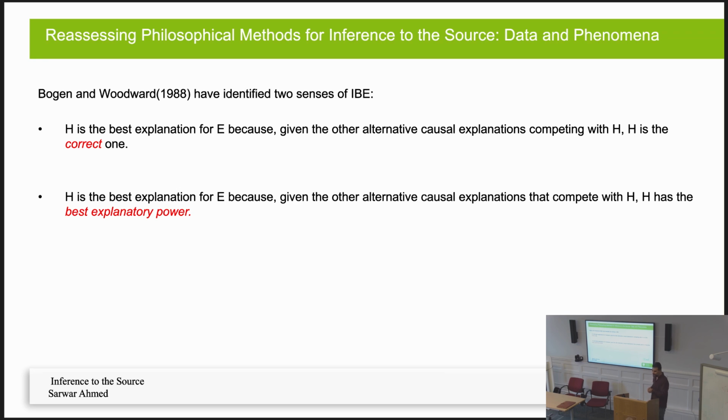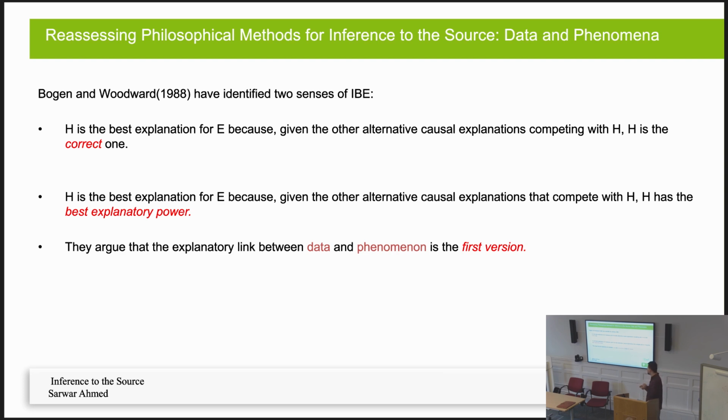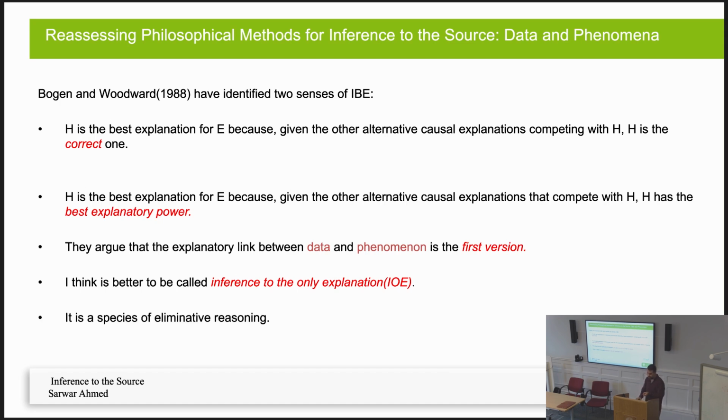Or H is the best explanation for E because, among the alternative causal explanations that compete with H, it has the best explanatory power. And they further argue that the explanatory link between data and phenomenon is the first version, which I think is better called inference to only explanation because it's based on truth conditions. And it's also obvious that it's a species of eliminative reasoning rather than inference to the best explanation.